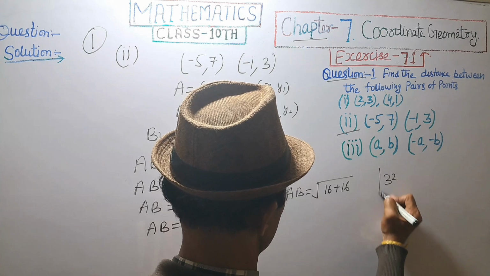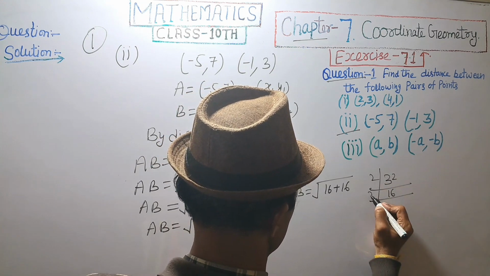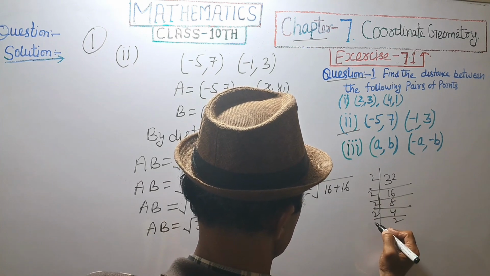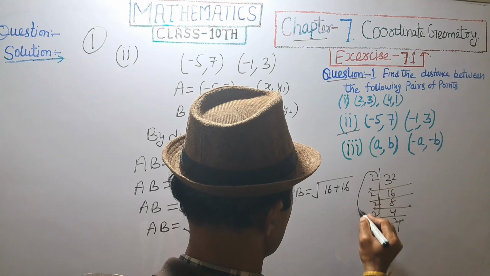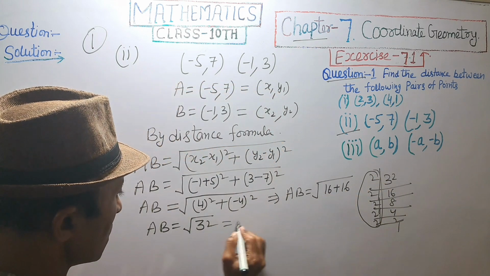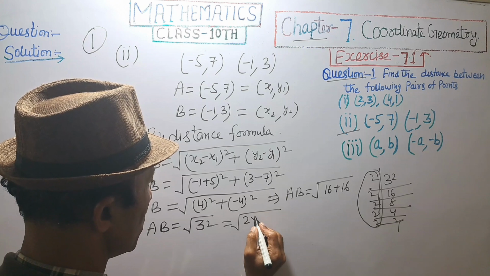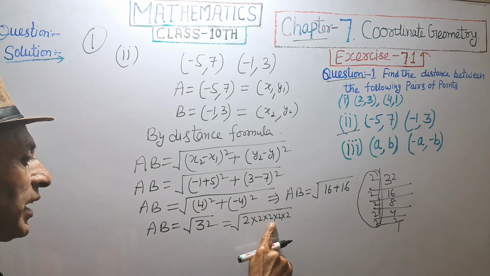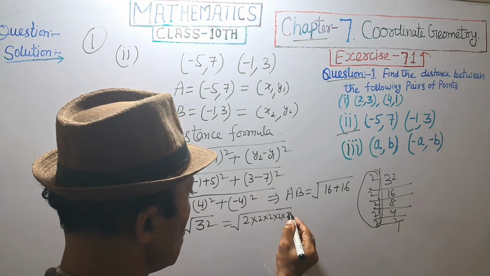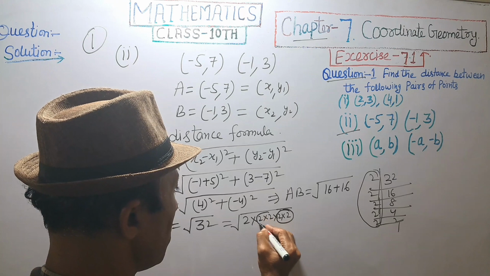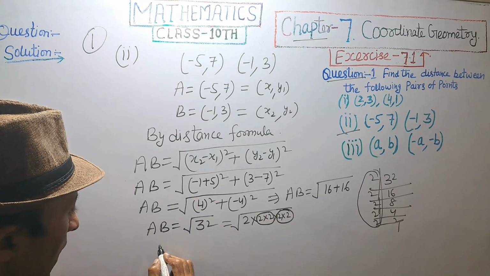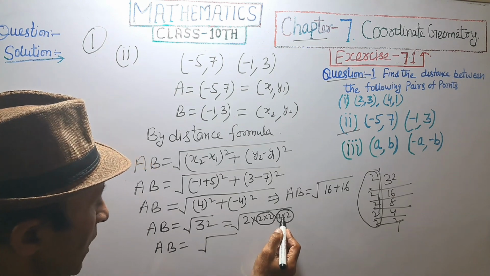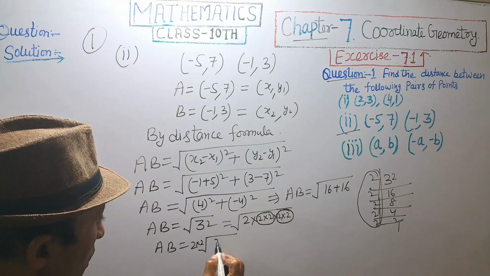We factorize 32. The prime factorization of 32 is 2 into 2 into 2 into 2 into 2: 2 twos are 4, then 8, 16, 32. Taking pairs, we take 2 common, 2 into 2 under root 2.